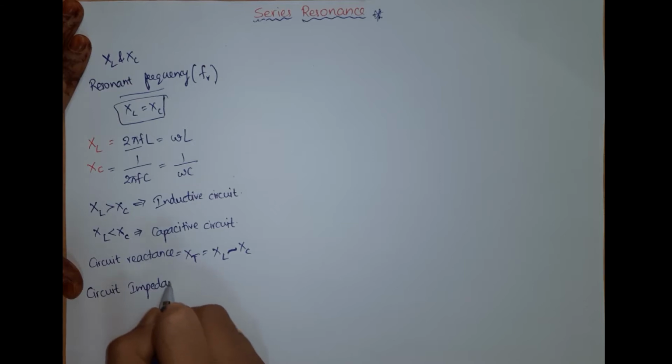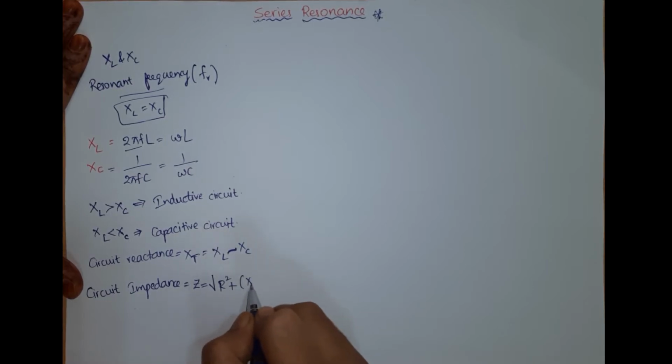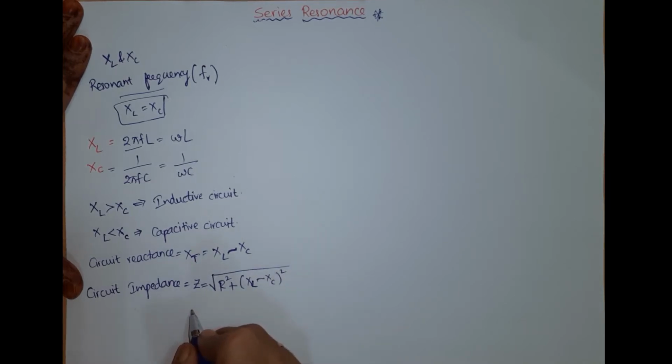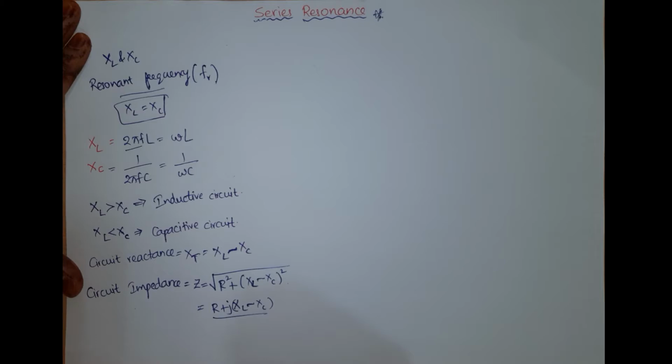These are all things we have already learnt in the previous lectures; we are just revising now. Z equals the square root of R squared plus (XL minus XC) the whole squared. In rectangular form we can write it as R plus jX, where X is XL minus XC. This is the complex form, and the magnitude is given above.